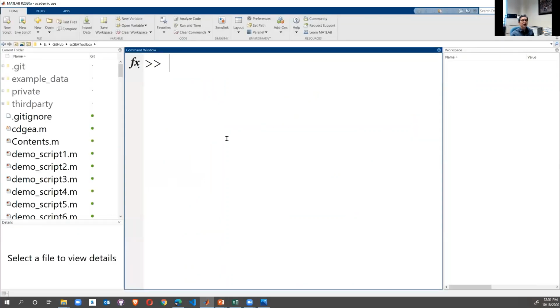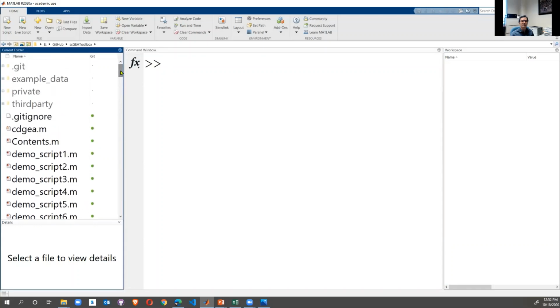Okay, so what you see right now on the screen is the interface of the MATLAB environment. MATLAB is a scientific computational tool and environment for engineering computing. What you can see on the top is the menus and the buttons, to create scripts and write your code, and here you have the current folder and the files in the current folder.